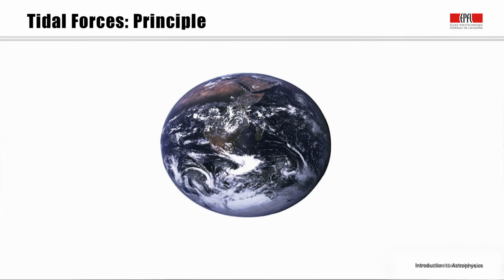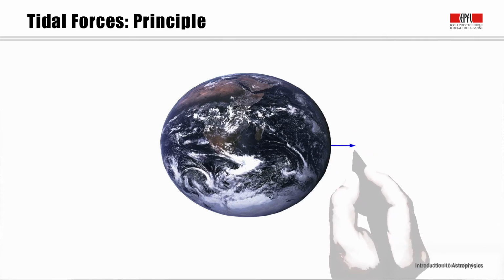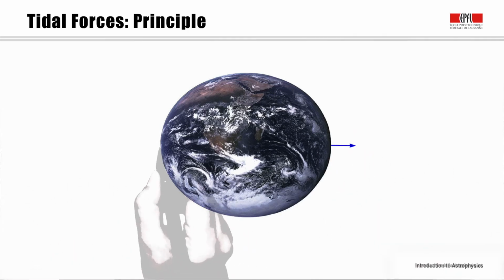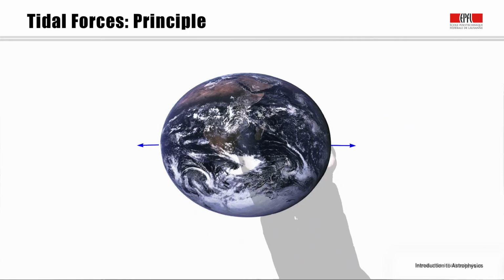The tidal forces have an influence on the Earth's crust, especially on the fluids on its surface, the sea. The Moon is placed in this plane, and so the oceans are stretched on both sides of the Earth. They undergo the force towards the center of the Earth in the direction perpendicular to the Moon's orbital plane.